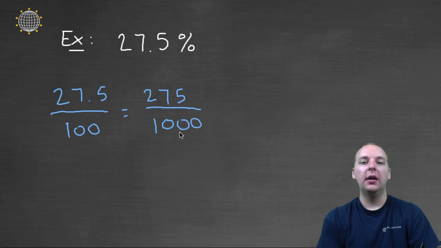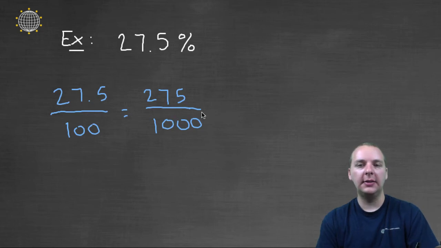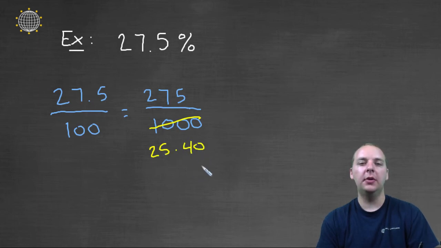So I'd look for any common factors and that sort of thing. So let's see here. I think I've got a common factor of 25, I believe. Let's see, 1,000 would be 25 times 40. You can check me on this. And 275 would be 25 times 11. Okay, so we have a common factor of 25 here.